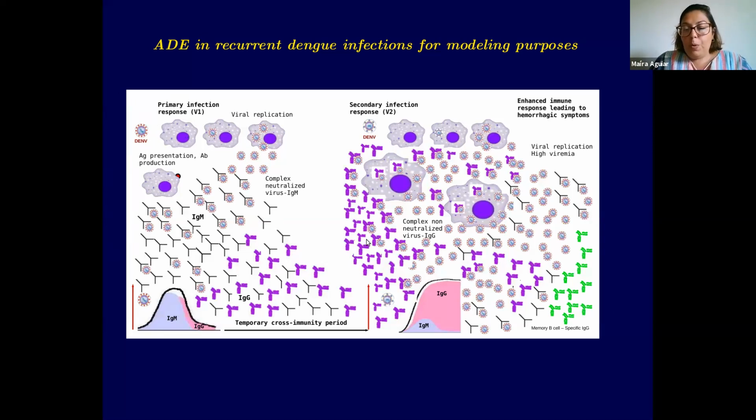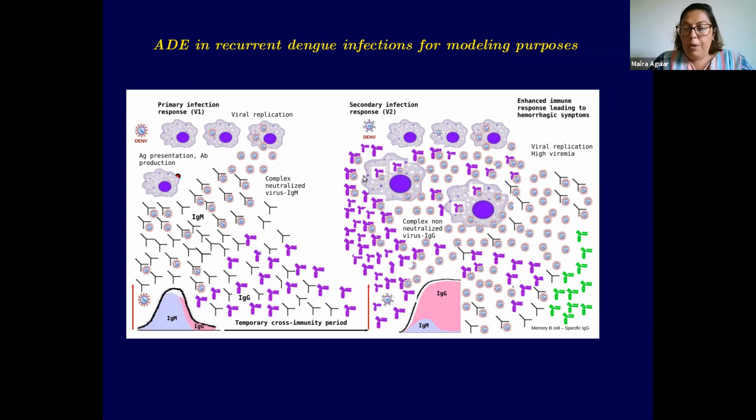So the immunological process starts very fast using the pre-existing antibody, which is specific for the primary infection virus, but is able to bind to the new virus. However, due to this specificity, this antibody is not able to neutralize the virus.